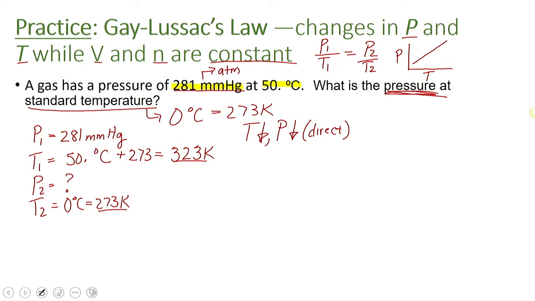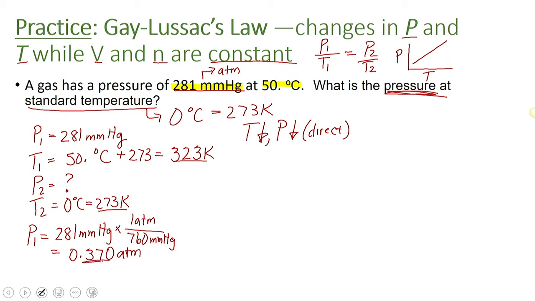P1 is equal to 281 millimeters of mercury times 1 atmosphere over 760 millimeters of mercury. And that gives us a value of 0.370 atmospheres.